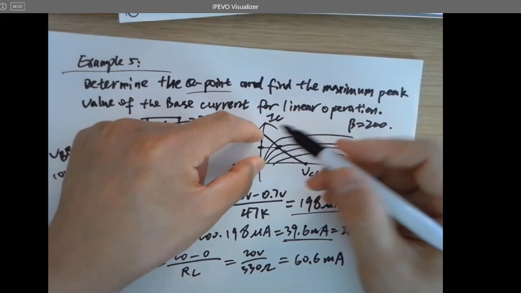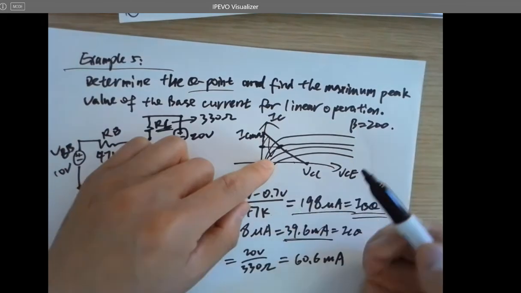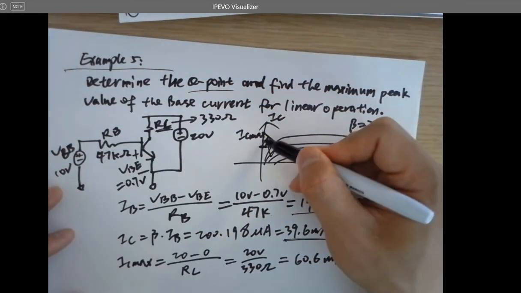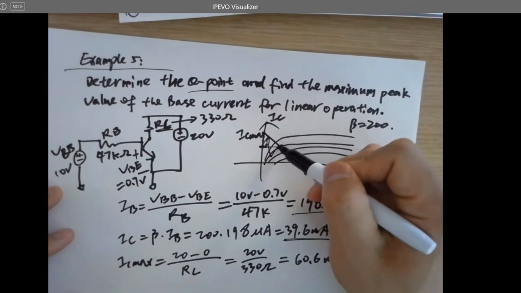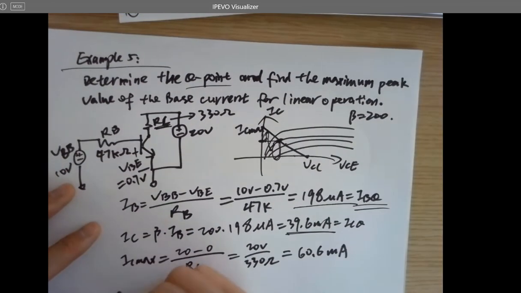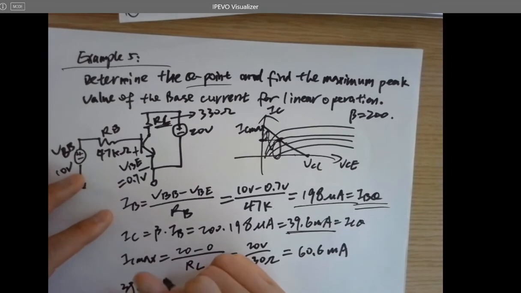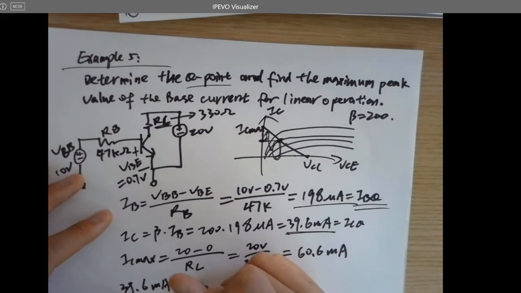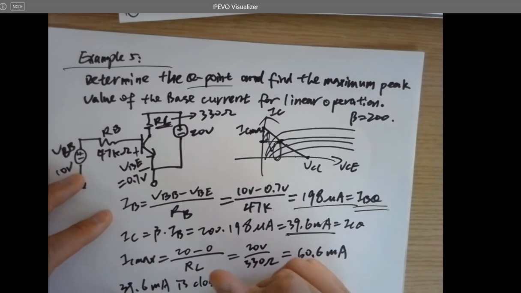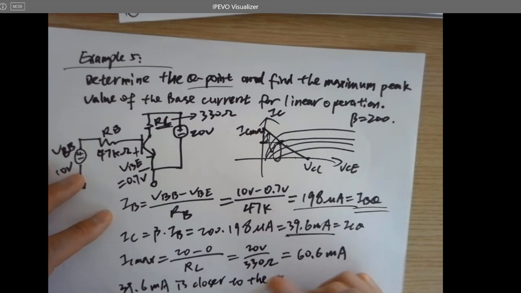All right, so it's going to swing like this and cannot reach the bottom. So the maximum IC will be this, but not this. So 39.6 milliamps is closer to the cutoff, closer to the Imax.